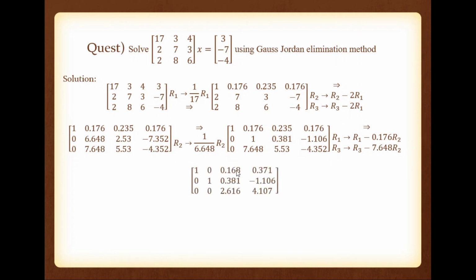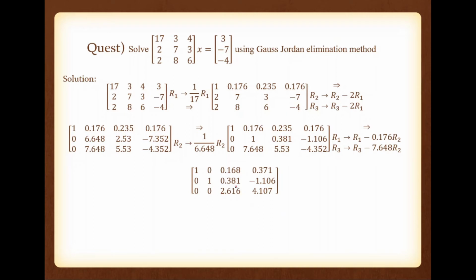So we have the new augmented matrix: 1, 0, 0.168, 0.371, then 0, 1, 0.381, minus 1.106, then 0, 0, 2.616, 4.107. Now the third elimination. What is the first step of the third elimination?